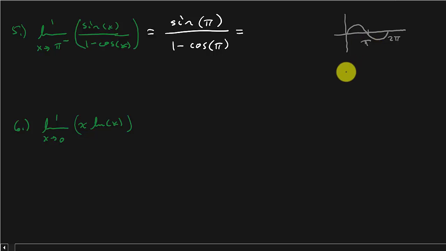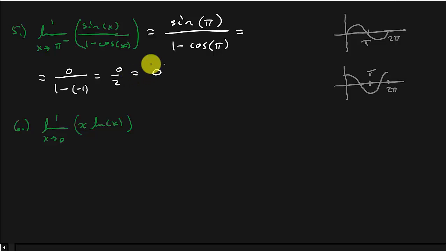That's pi. Here's cosine. Here's 2 pi. Here's pi. So we can see the sine of pi is 0. So that's going to be 0 over 1 minus, and we can see the cosine of pi is -1, minus -1. And so that's 0 over 2, which is 0.